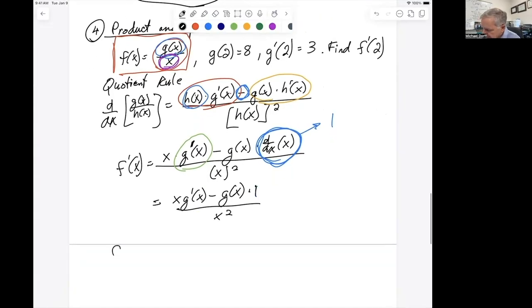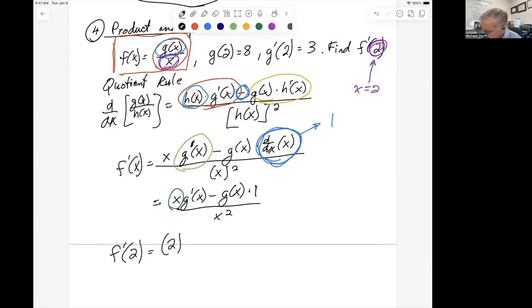And now we were supposed to find g prime of 2. So now I plug in 2. Well, you may say, well, they didn't give me the value of x. Well, okay, they didn't specifically say that x is 2, but here, this means that x equals 2. So I'm going to put that in here. Where I have this, I'm going to put in a 2.